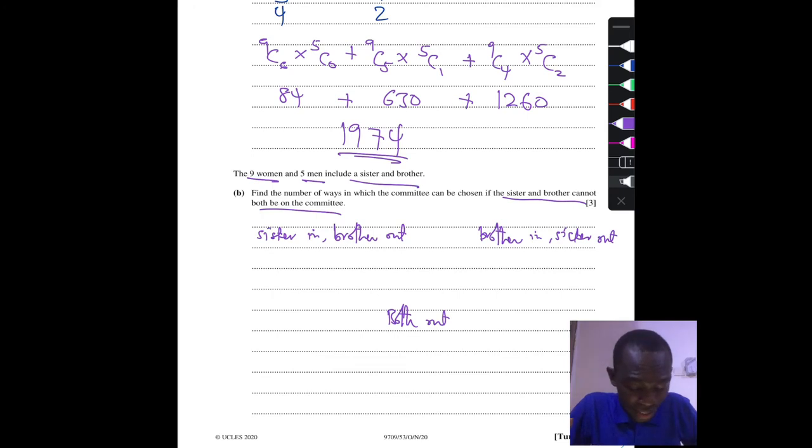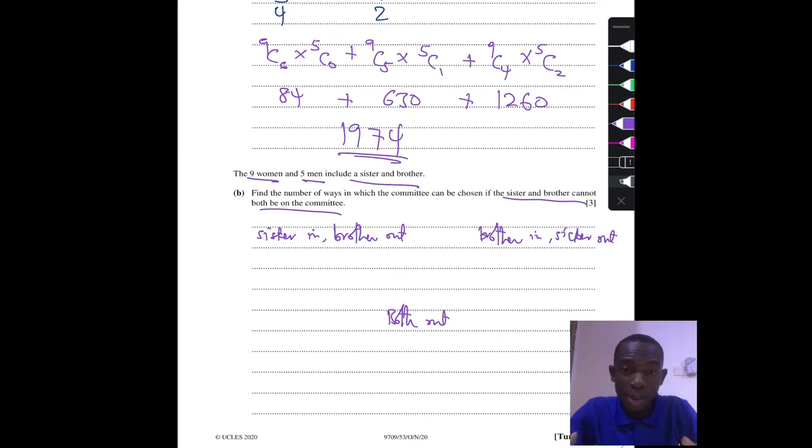Now let's start with the reasoning. If there are 9 women and 5 men, in all 14 people there, the brother is out. We can't choose him. So that leaves us with 13. And we are saying that the sister is already in. So the sister is part of the committee, so she's not going to be part of the selection.